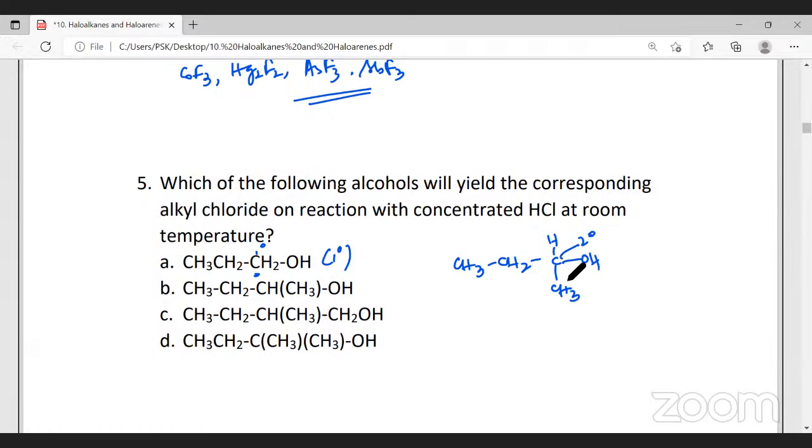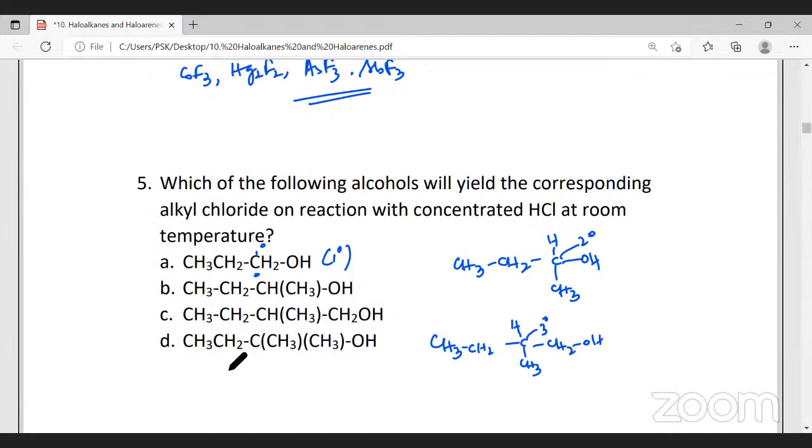Secondary carbon atom, because this carbon is bonded to two other carbon atoms. Now option C, CH3, CH2, CH, CH3, and CH2OH. Now, this is a tertiary carbon atom, because this carbon is bonded to three carbon atoms.